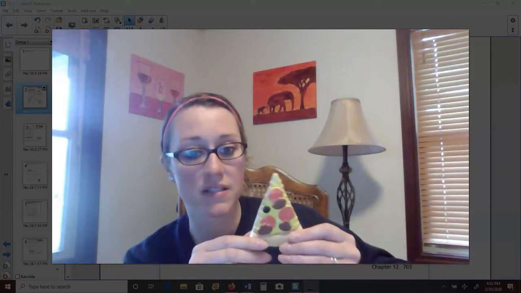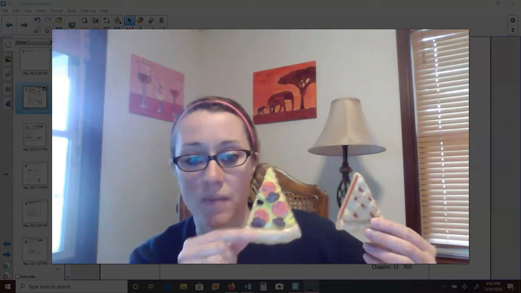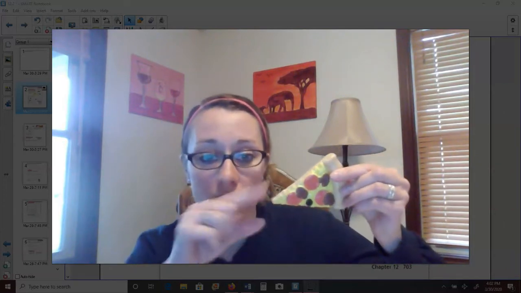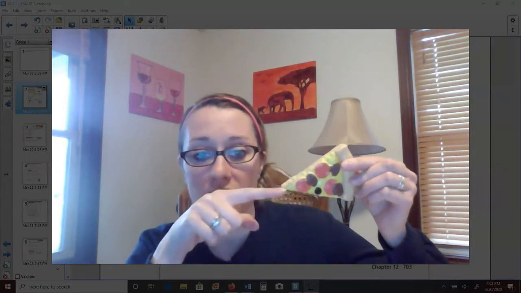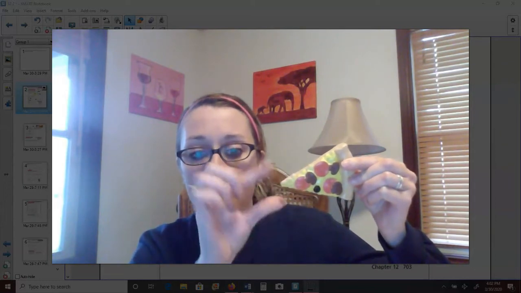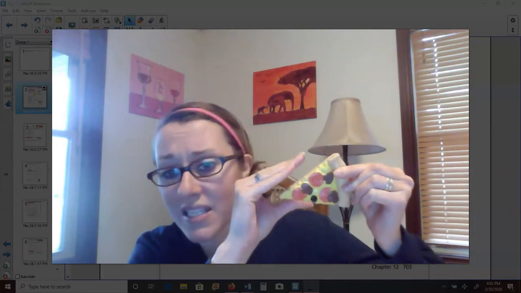And then I found some play food of Sadie's. These two shapes, well, the pizza and the piece of pie, they have acute angles. When you look at the sides of the pizza coming together, they form an angle right here, and it looks like it's pinching in. It is just so teeny tiny.